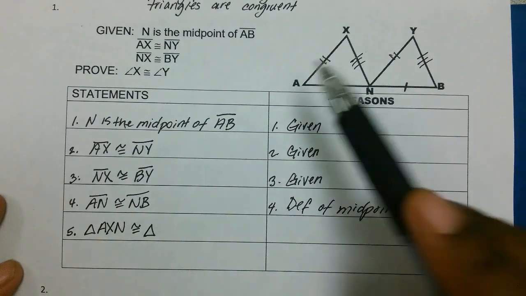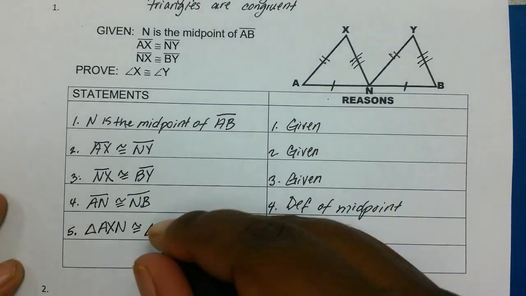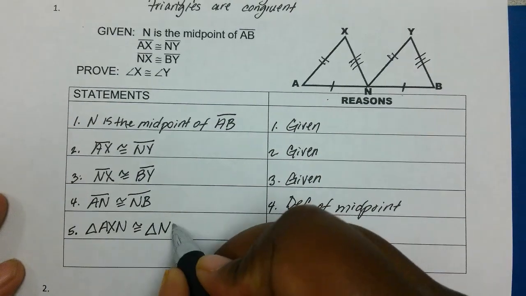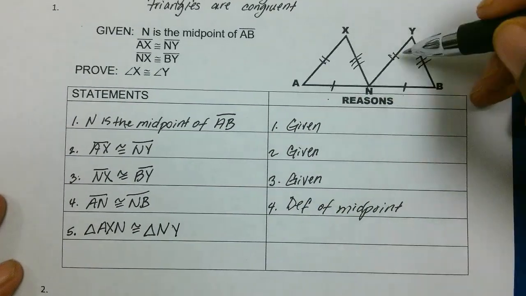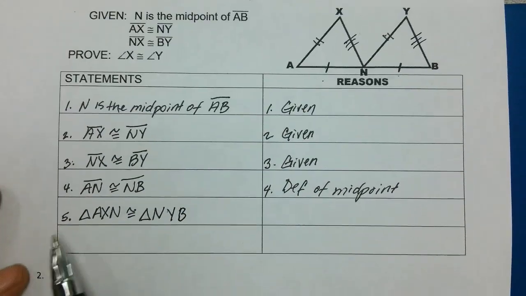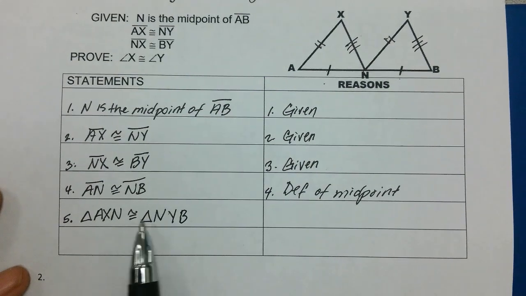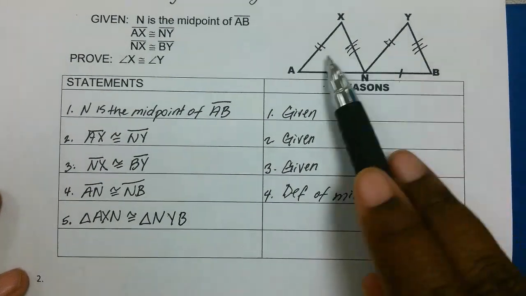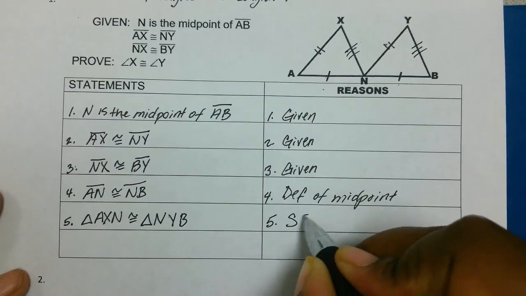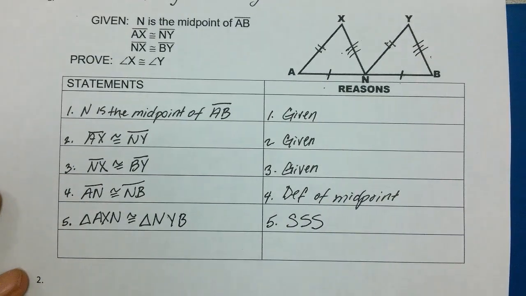A is across from the side marked with 3, that's going to be N. X is from 1, so Y, and N is from 2, so B. So triangle AXN is congruent to triangle NYB. Corresponding parts are together. Now we know they're congruent by side, side, side, because I have congruent sides only. Okay?